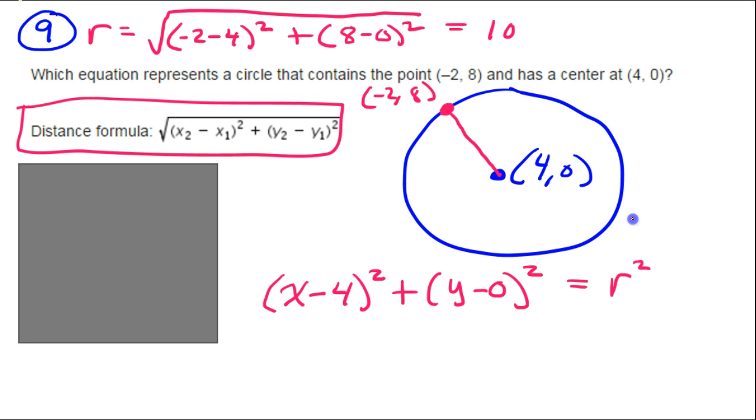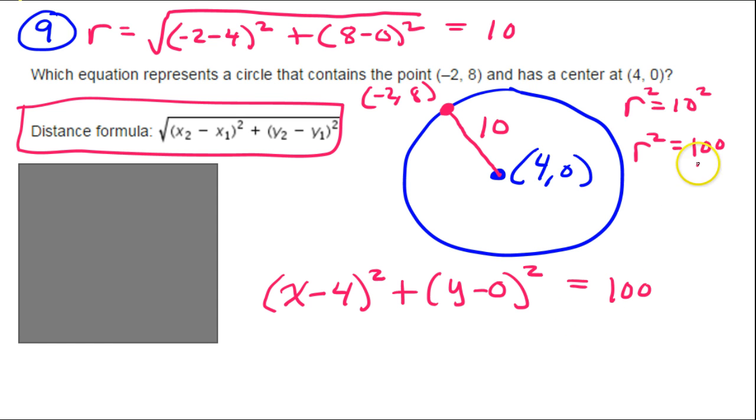Okay, now be careful. So the radius is 10, but what we want is the radius squared. So if the radius is 10, the radius squared should be 100. You know, because here I've squared both sides. 10 squared is 100. Okay, so be careful. Don't put 10 here. Put 100.